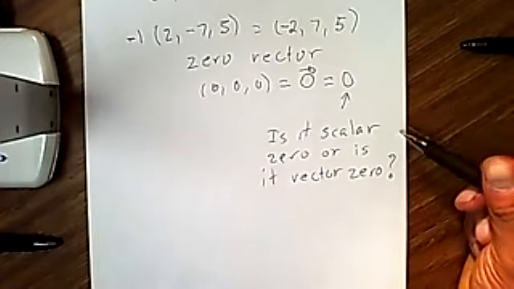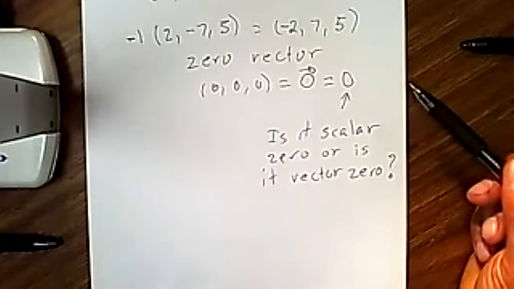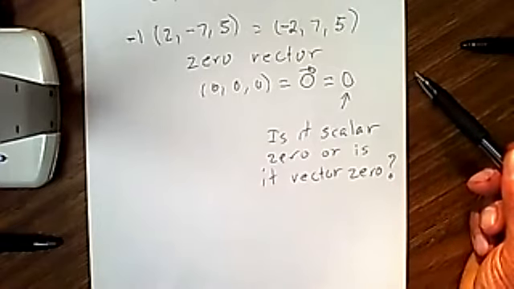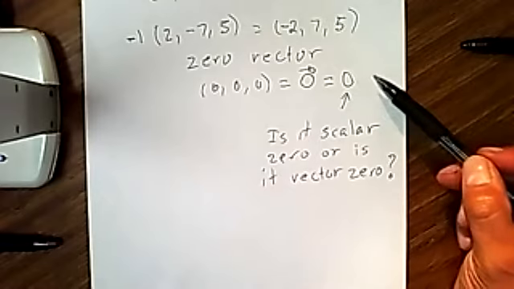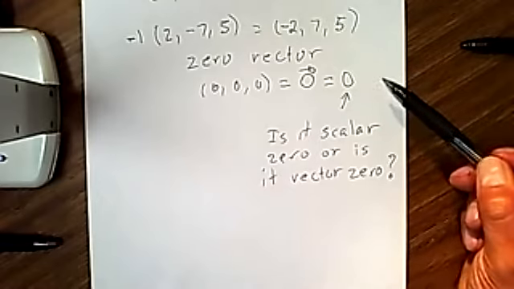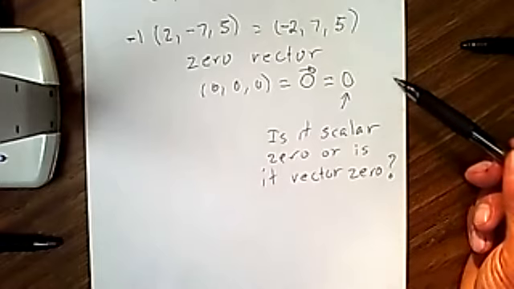When we are talking about vectors and you see a 0 showing up in some kind of equation, the question could arise, well, what do we mean? Do we mean the vector 0 or the number 0, the single number 0? And I believe most of the time the context will tell us what we have.